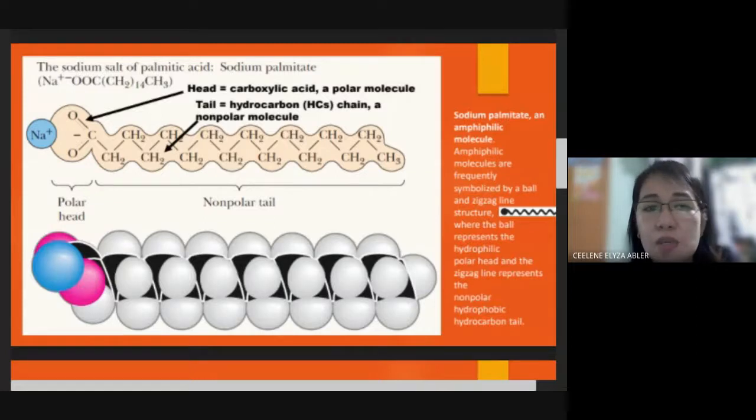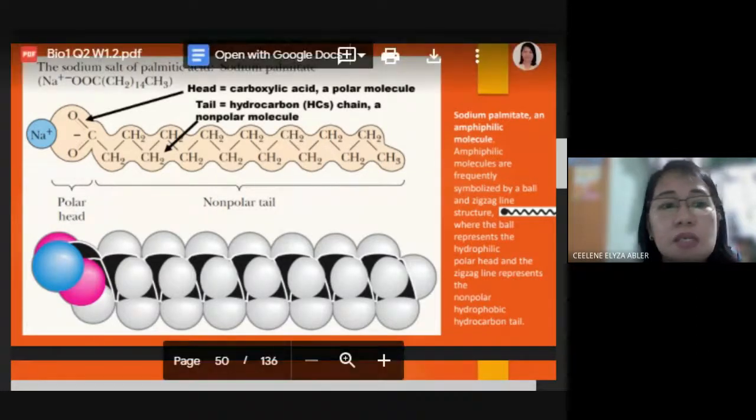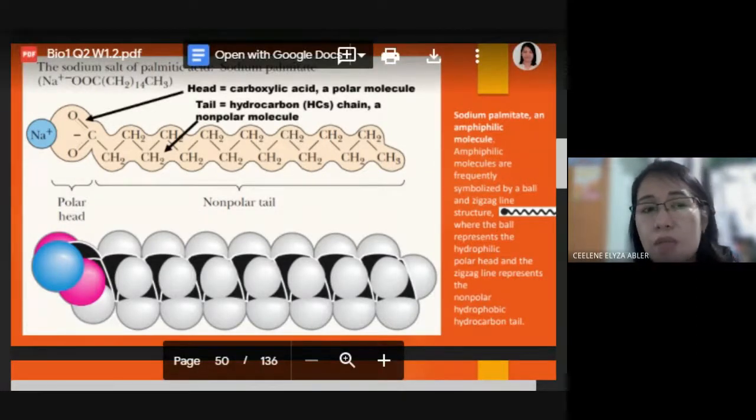Okay, so sodium palmitate ninyo, meron siyang polar na head. The polar head, which is a COO, is actually the one that will attract the ions towards itself. And it has a nonpolar tail here. We have a triglyceride.